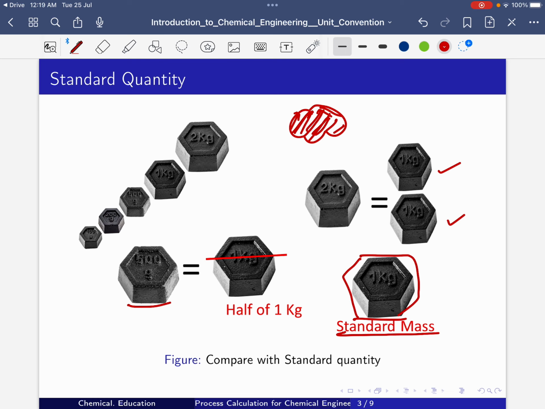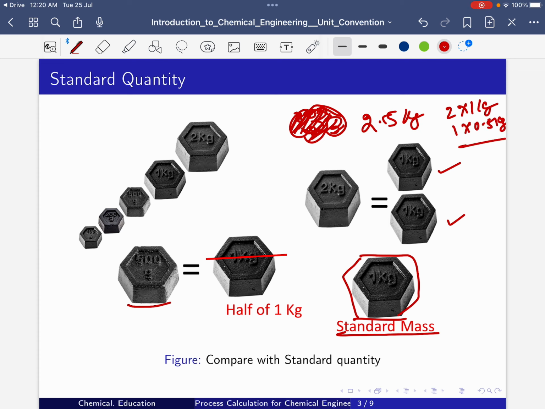of mass. Suppose we want to measure this object, and after measuring, the mass is 2.5 kg. For that we need 2 of 1 kg and half of 1 kg, meaning 2 into 1 kg and then 0.5 into 1 kg.